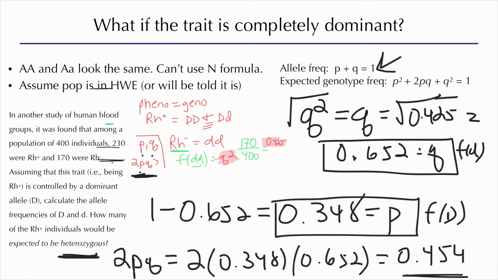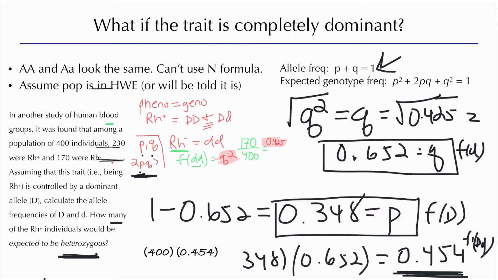That tells you the frequency of the heterozygous genotype, and they want to know how many individuals, and this is a population of 400, so we just take 400 and multiply it by the frequency, and that's going to give us 181.6, but we don't have fractions of people, so about 182 people are what we expect to be carriers, or expect to be heterozygous.